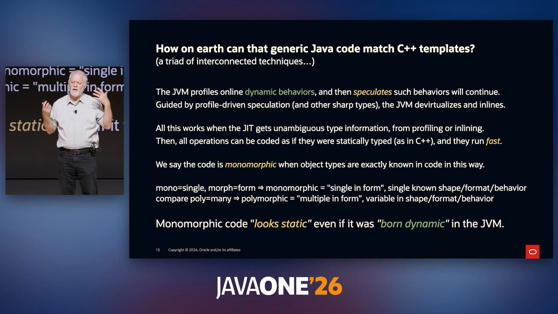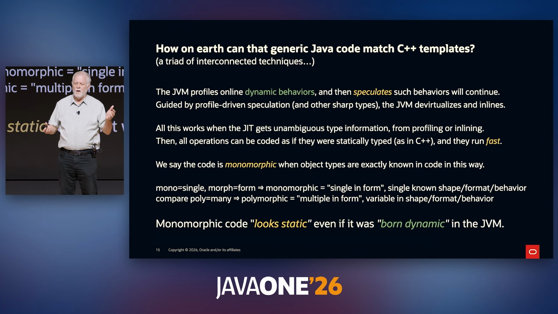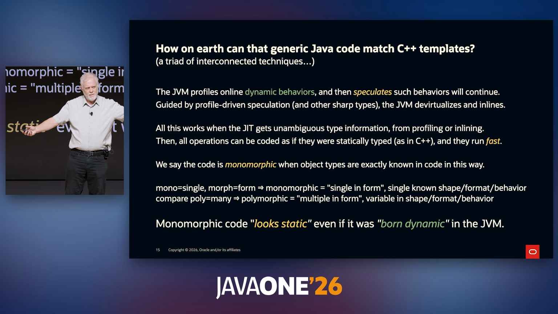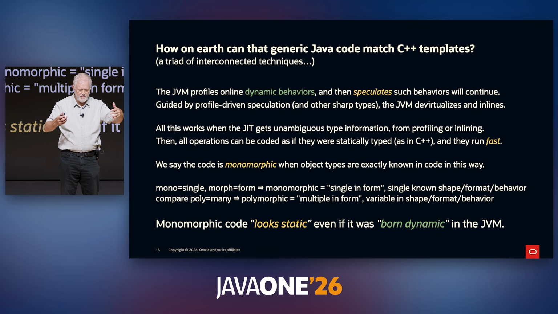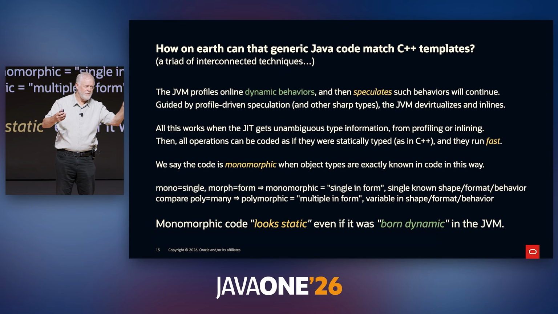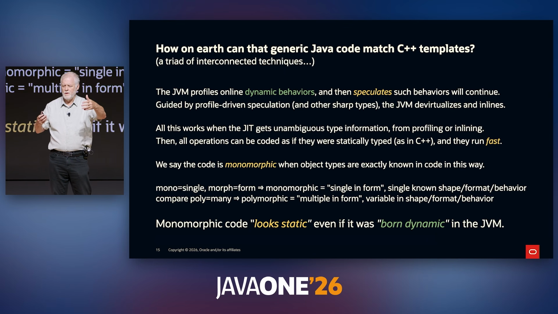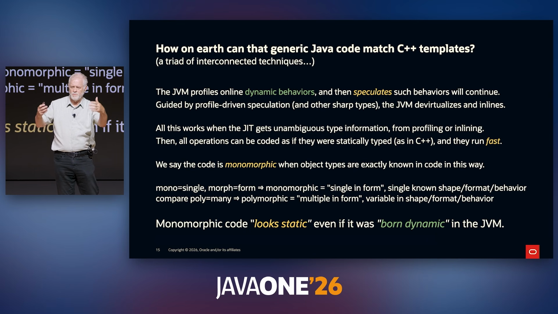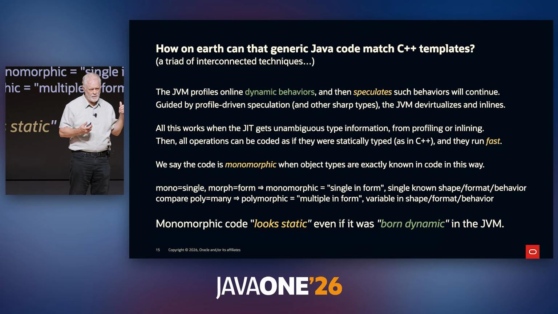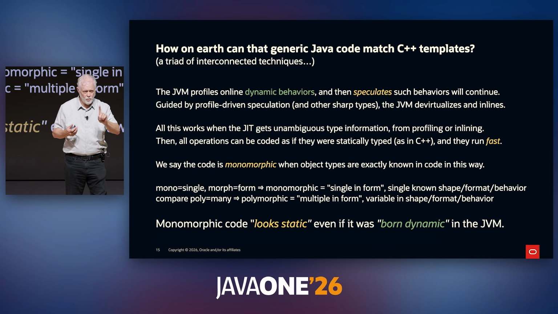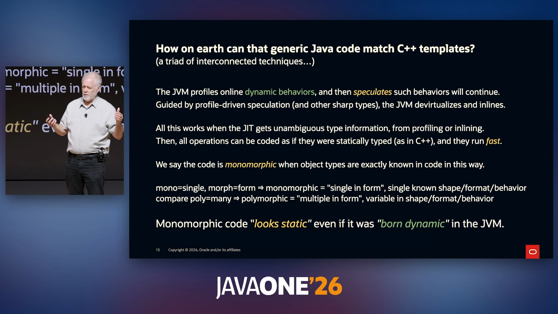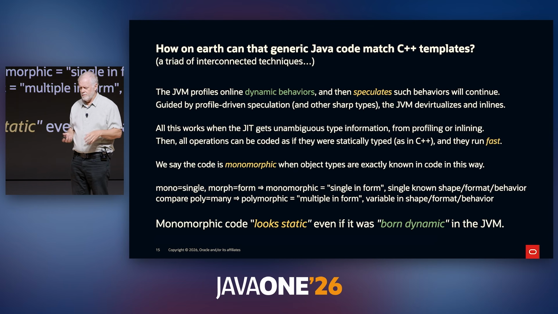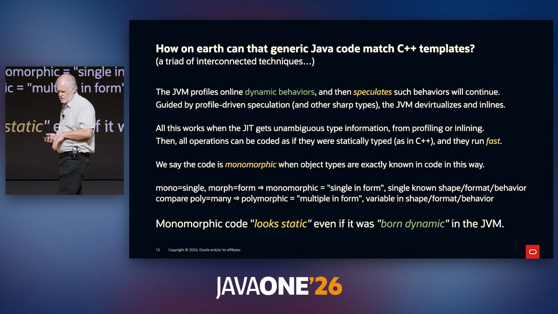So another way of saying this is, even though Java is very dynamic, after profiling, if you speculate that the profiled behaviors will continue into the future, it's okay if they don't, but you speculate that they do, then you can emit code that is monomorphic where it counts. By monomorphic, I mean there's just one set of forms, assumptions, types, knowledge about layouts, which means you get regular native machine code, just like C++ does.